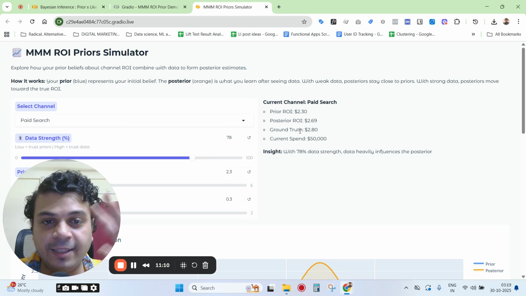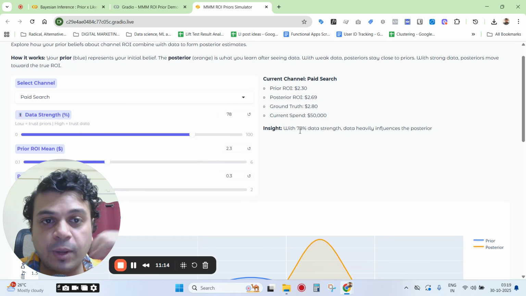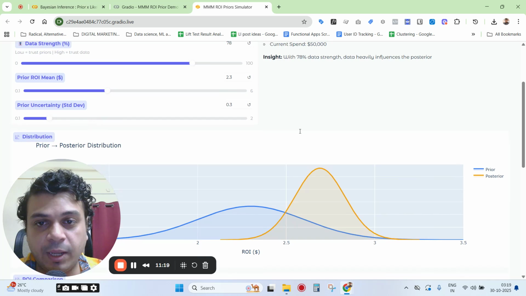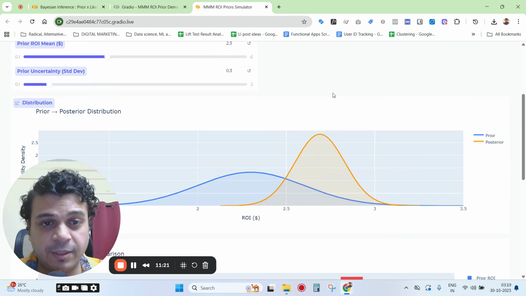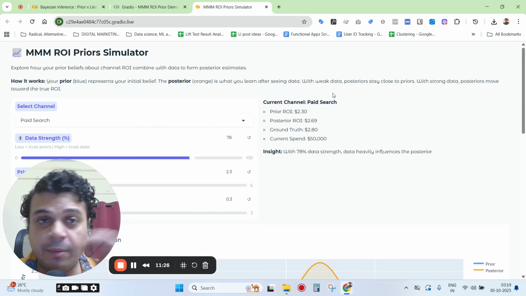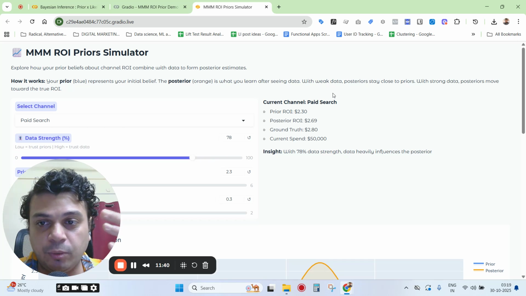All of these things contribute towards data strength, and the data has enough variance as well, and the coefficient of variation has to be taken into account, like how much the variance varies with respect to the mean, the ratio. So, is there enough variance at all in the input variables with respect to the revenue, or vice versa? These things will ultimately contribute to whether or not you have decent data strength.